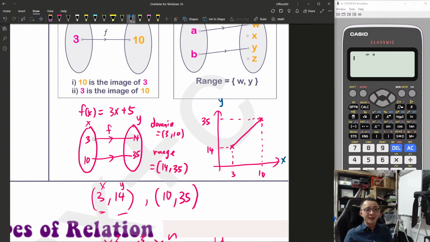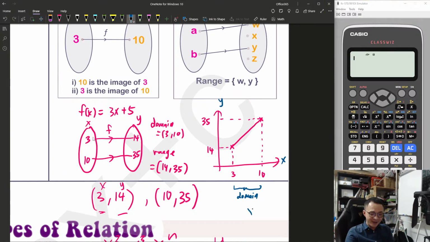Based on my eyes, I see that domain is the range of the x value, and range is the range of the y value. So basically, here is my domain. I use x to represent it because it's the range for x, isn't it?